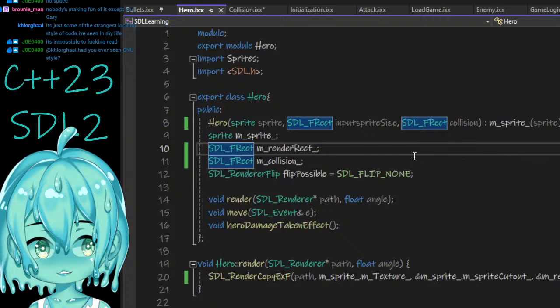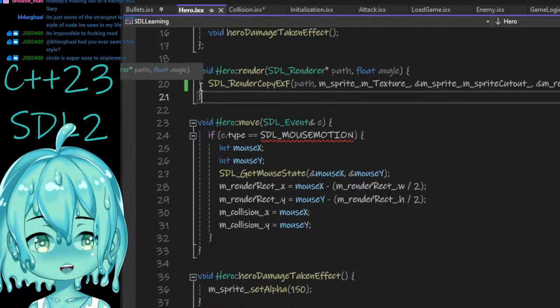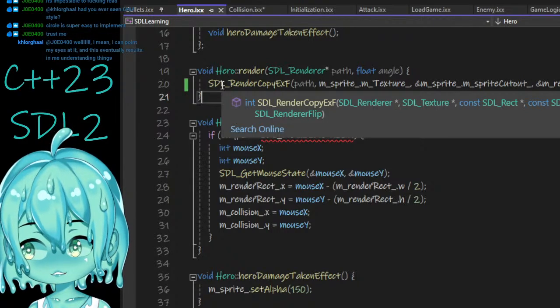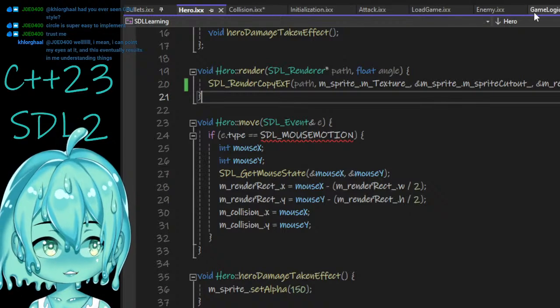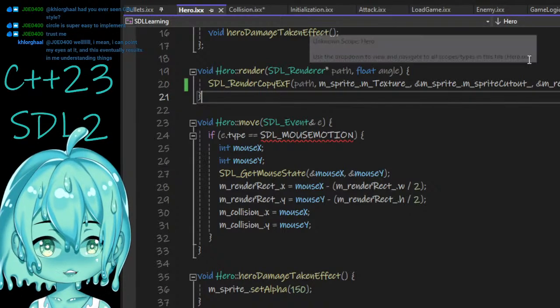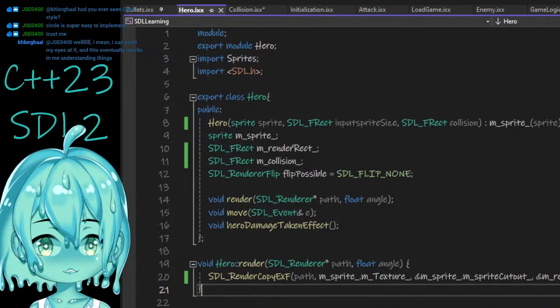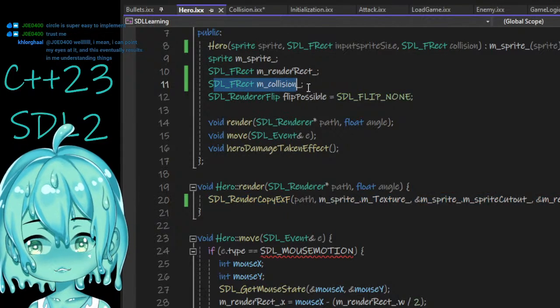That's not what it's for, because how we're rendering images onto the screen is through hardware acceleration via SDL rendering, which requires SDL rectangles. We're not going to be using this new module of rectangles in our logic for anything rendered on the screen. We're going to keep our floating rectangles for that.